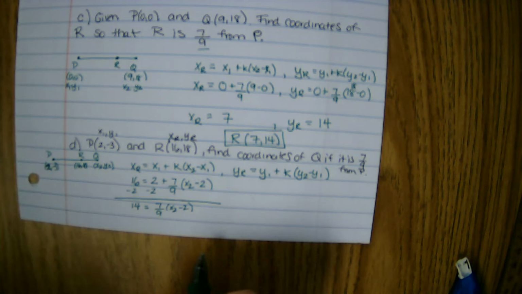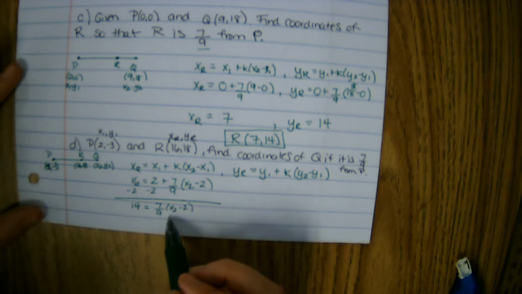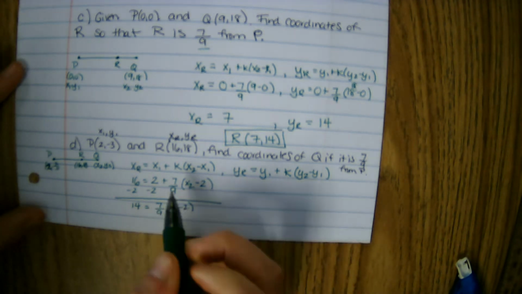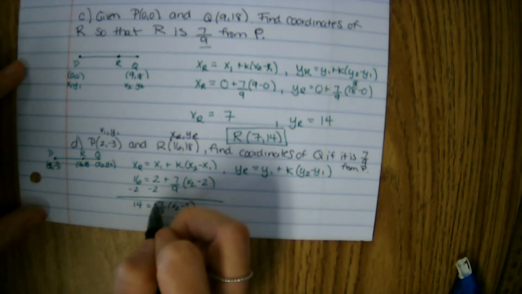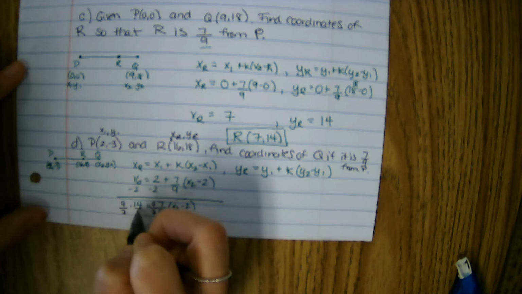And then I would probably at this point get rid of my 7/9 fraction to isolate this x sub 2 minus 2. So to get rid of 7/9, I would multiply by the reciprocal of 9/7, which means I need to multiply this side by 9 over 7.